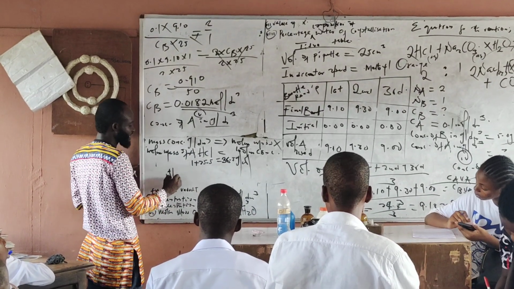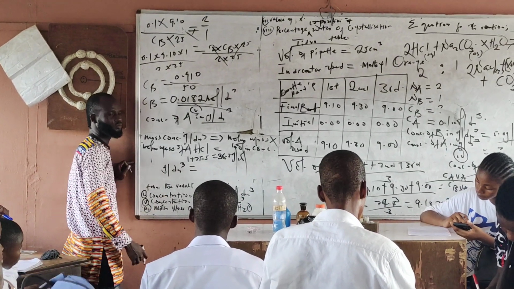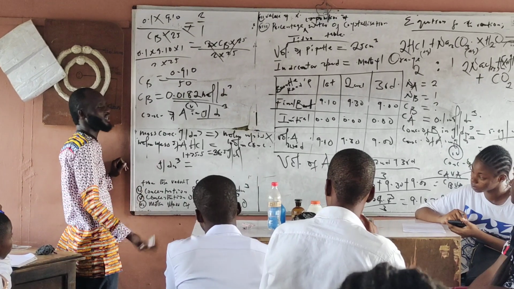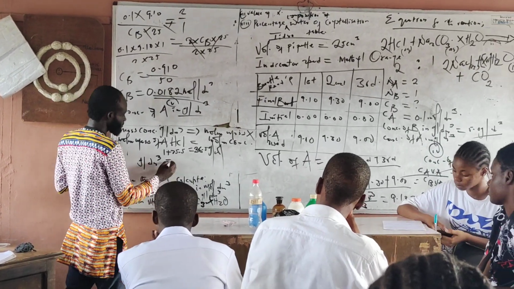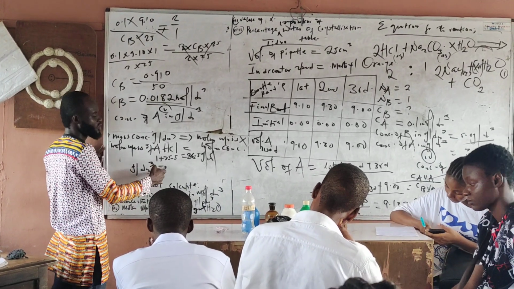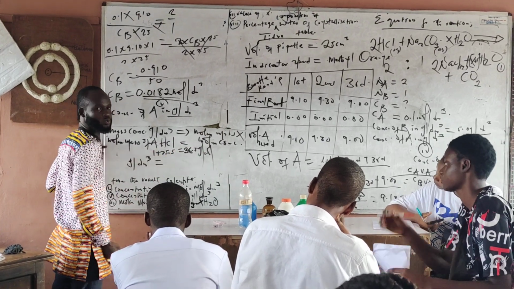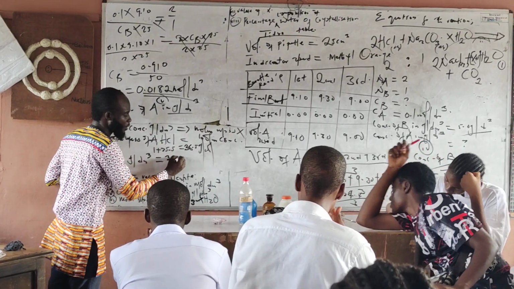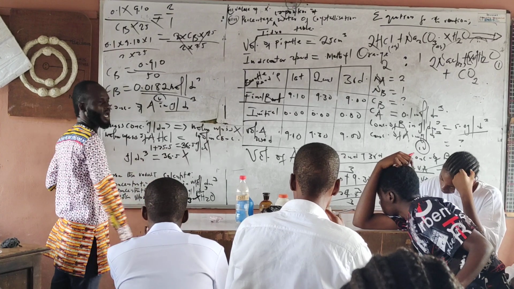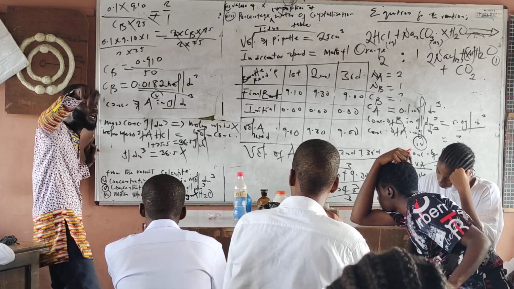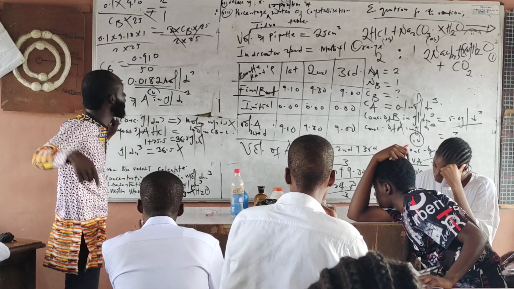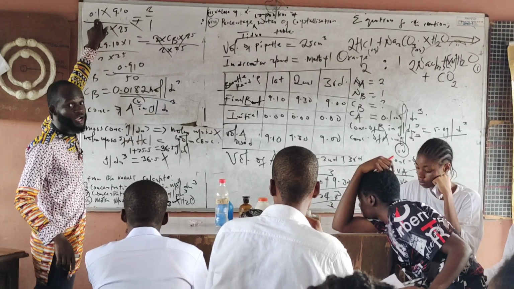So our gram per dm cube is equal to the molar mass, 36.5, times the molar conc of A. Where is it? 0.1.